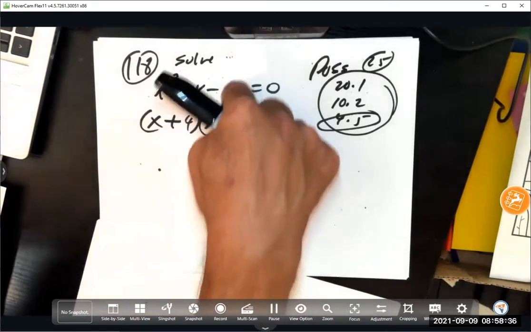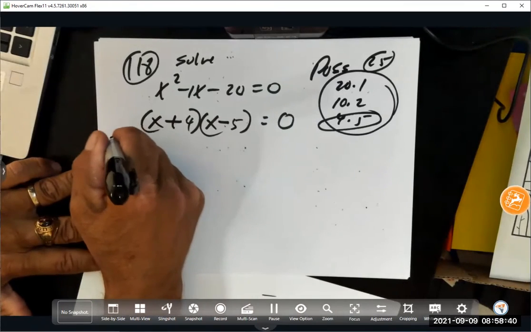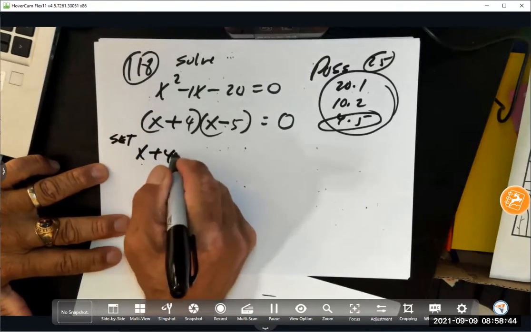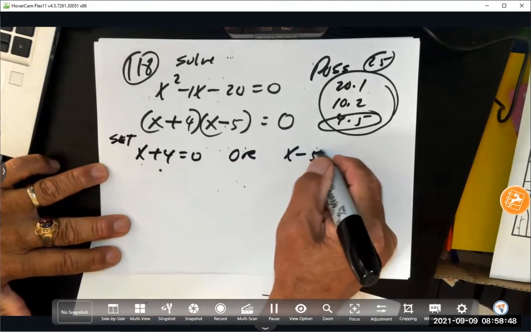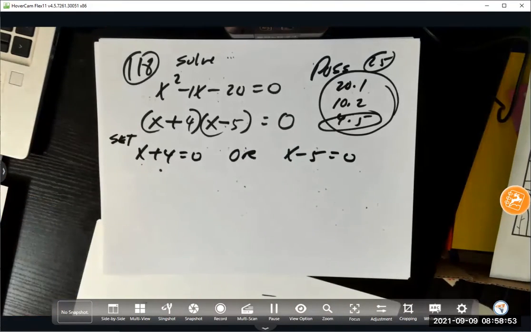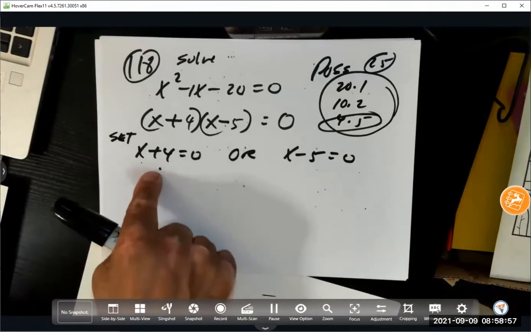Okay. So these two are the same. Now from there, because you know what? It's ready to go. I'm going to go x plus 4 is 0 or x minus 5 is 0. So I have two answers right there. X plus 4 or x minus 5? How do you solve the left one?